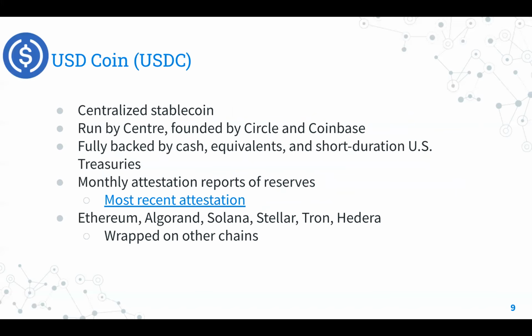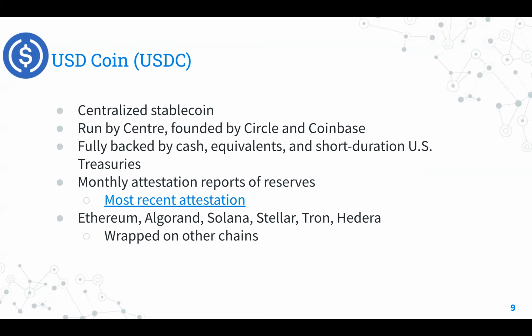So we can go over some common stablecoins and look at what kind of systems they use, who's backing them, and what kind of platforms they're on. First we have USD Coin. It's a centralized stablecoin run by the Centre Consortium, which was founded by Circle and Coinbase.